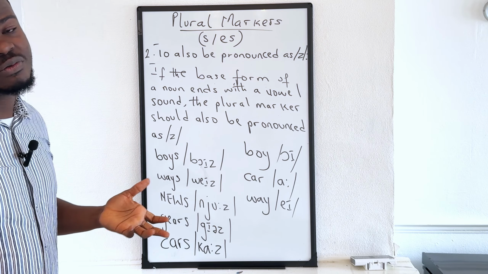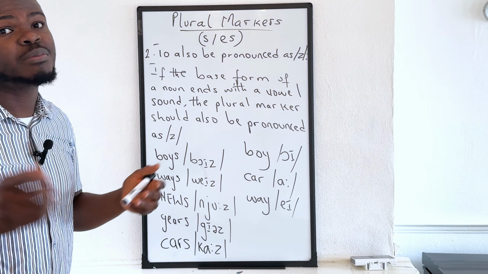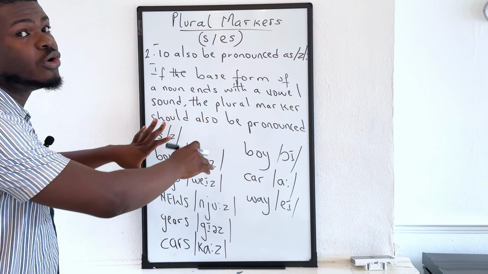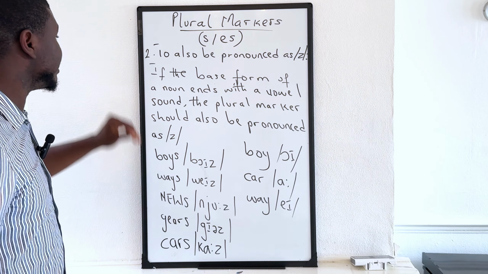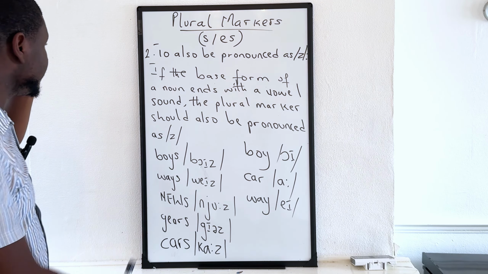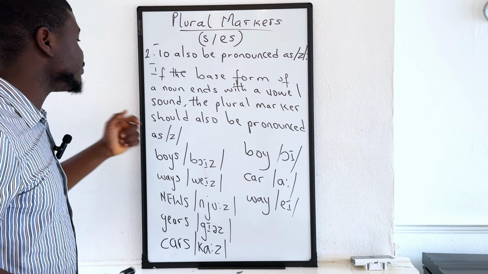Some people believe we have triphthongs, while some do not, but that's not the focus of this lesson today. So the plural marker should be pronounced as Z.